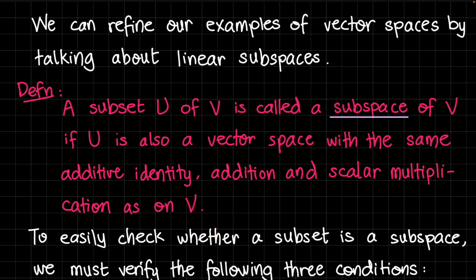So what this means is this is not only a subset, because not any subset is also a subspace. For a subset to be a subspace, it needs to inherit the operations of addition and scalar multiplication and the additive identity from V, and in a way that they're well defined on it.